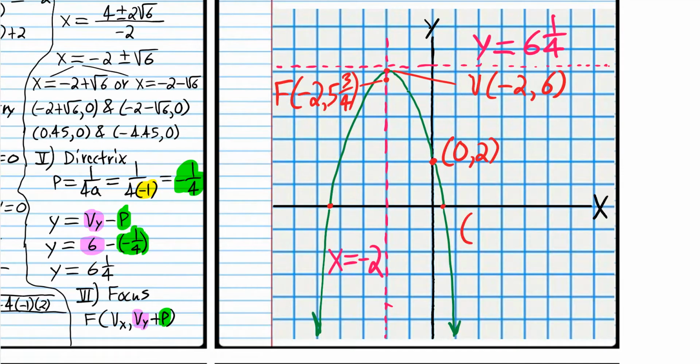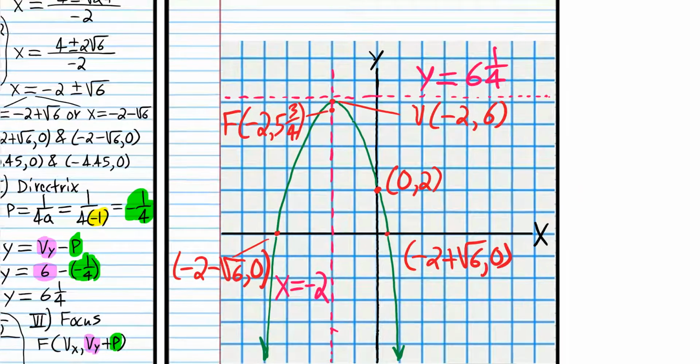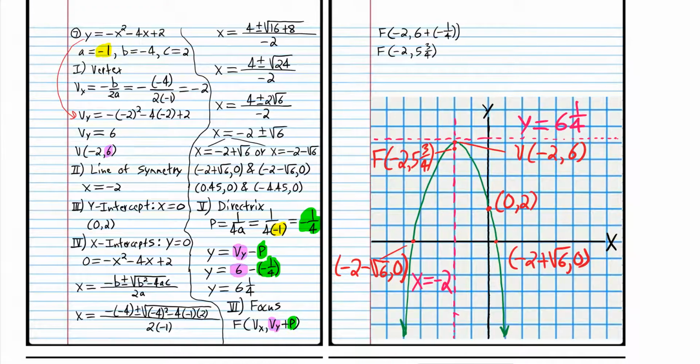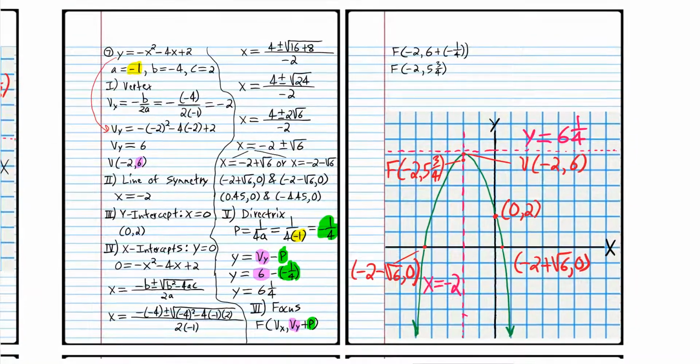And x-intercepts, negative 2 plus root 6, 0. And we don't have much room here, but it's going to be negative 2 minus root 6, 0. And I think that's about it. Yeah. So, if you got those answers, good job.